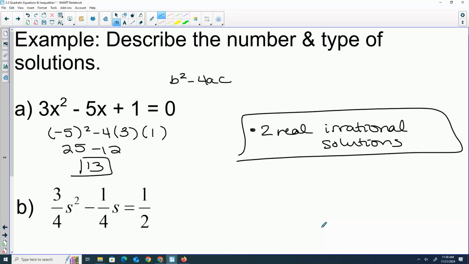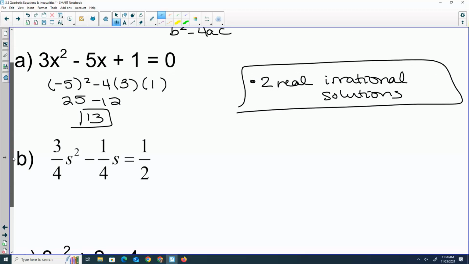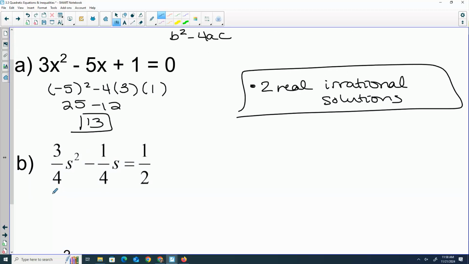All right, when I look at B, what do I have to do first here? Has to be equal to 0. So if I subtract my 1/2, okay, b squared minus 4ac.